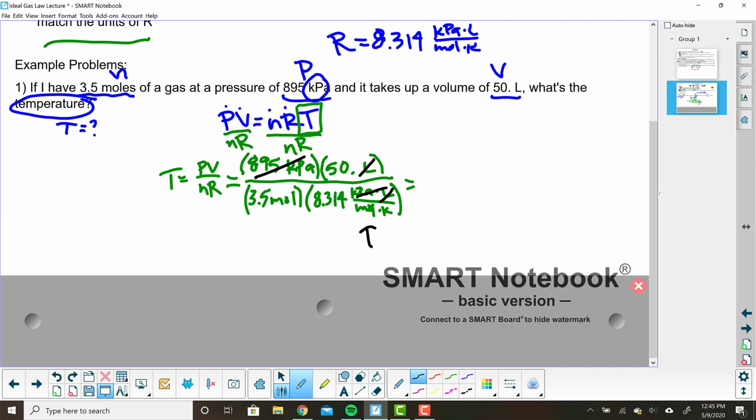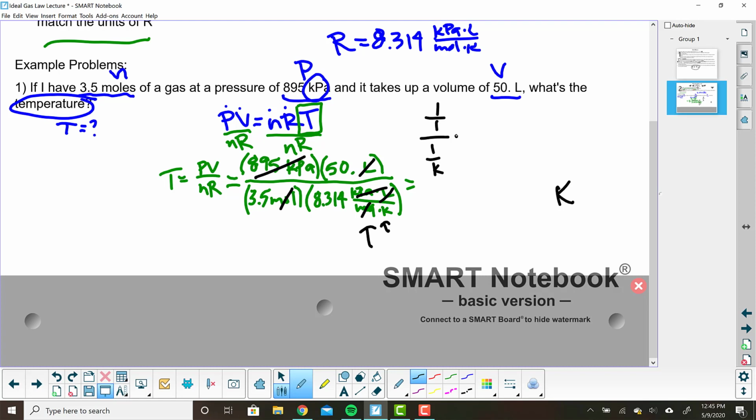Then, just looking at the bottom, the moles will cancel out with the moles because here the moles is in the numerator of the denominator and the moles is in the denominator of the denominator. So those will cancel out, and what we'll be left with is K, which is in the denominator of the denominator, which if we remember, so we have something 1 over 1 over 1 over K. And if we use our reciprocal math rules, ultimately this K becomes the numerator because we would have to multiply by the reciprocal. You end up with K.